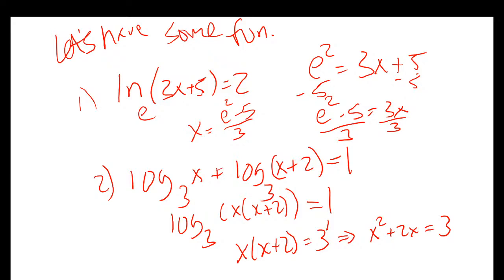So when we have plus, we bring them back together using multiplication. Once we get it to here, we get the single logarithm by itself. Then we're going with our exponential rule that says 3 to the first equals this piece. And then we're solving.